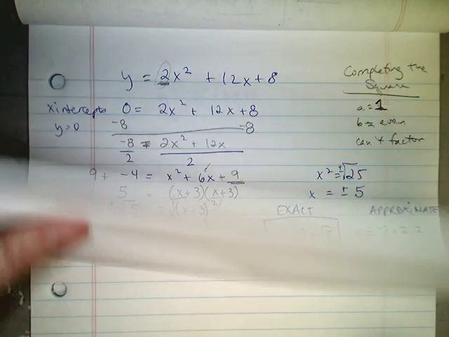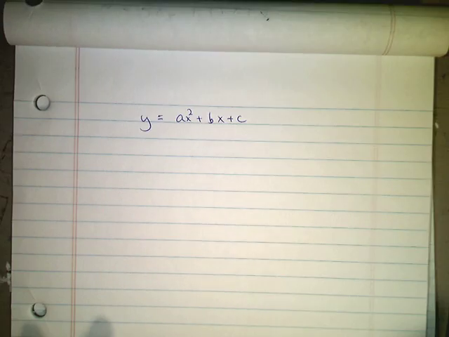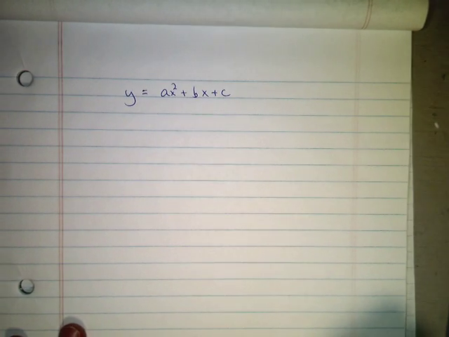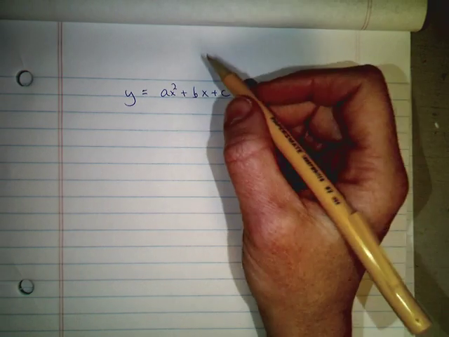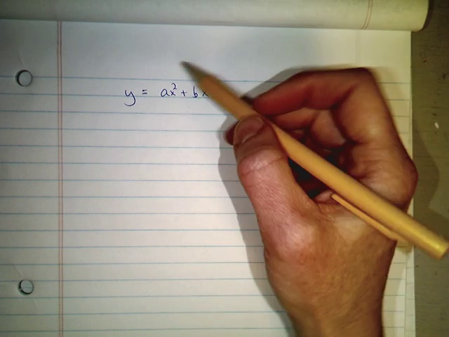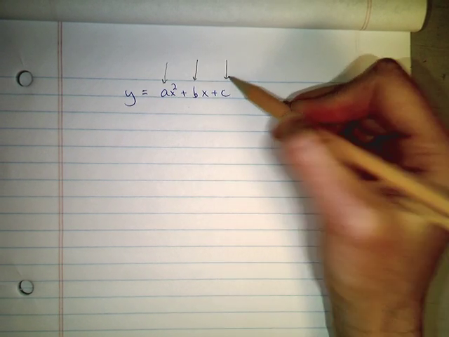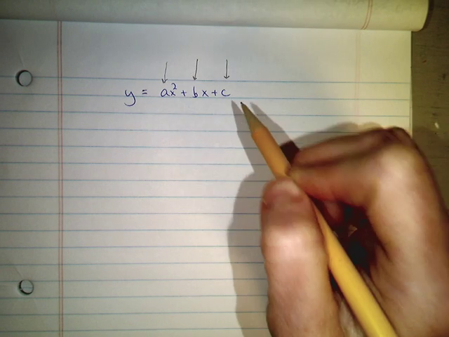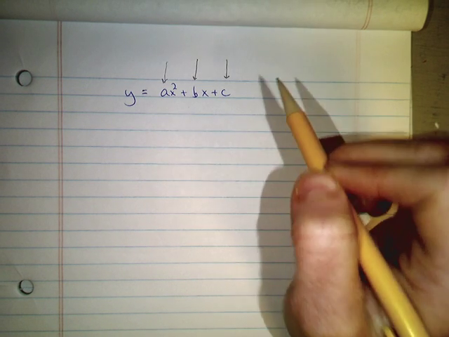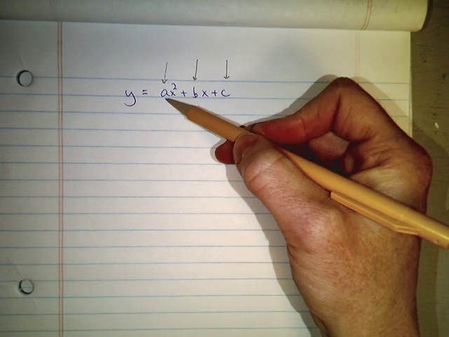So I'm just going to take you through a different looking equation in standard form. The benefit of looking at an equation like this is that for any value of A, for any value of B, for any value of C, I can solve and get the x-intercepts without doing any work. This is great if A is not 1.